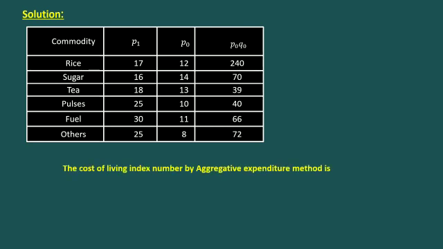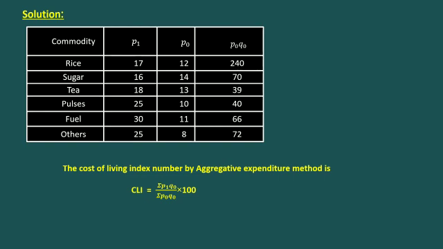The formula to compute cost of living index number by aggregative expenditure method is CLI is equal to summation P1 Q0 divided by summation P0 Q0 into 100. In the denominator, we need to substitute the total of base year expenditure.